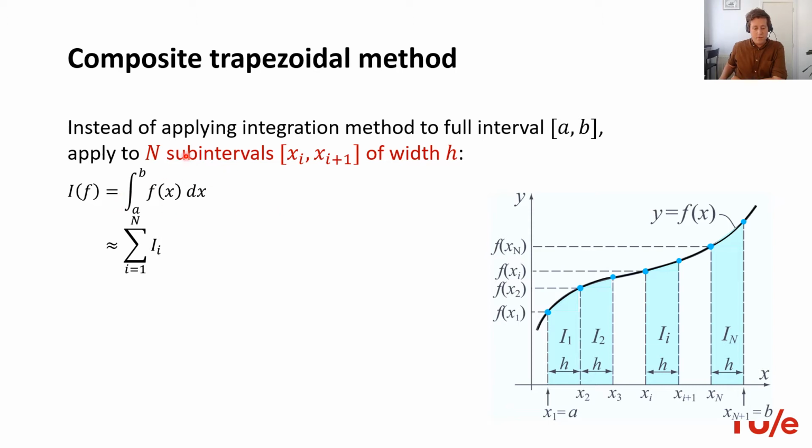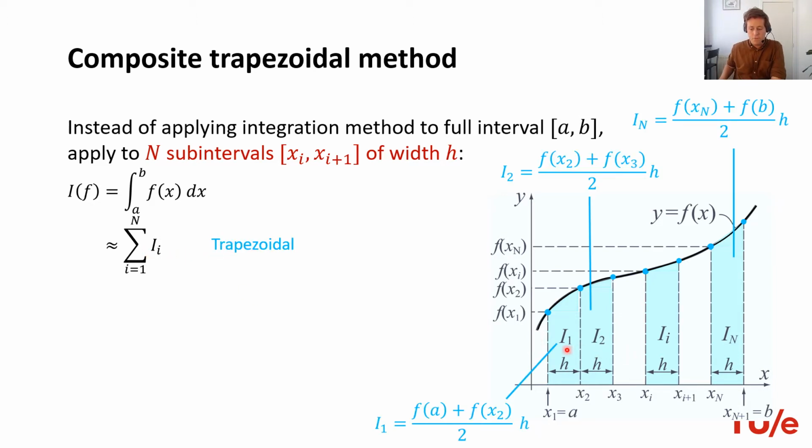We approximate the total integral from a to b with these blue areas, computing the area of each subinterval using the trapezoidal method.